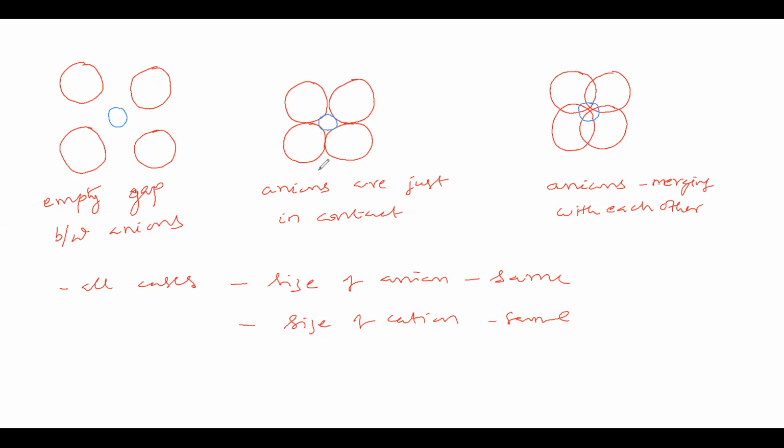But wantedly we drew the diagram like this. In one, there is a gap between anions. Here anions are just in contact, and also the anions are in contact with the cation. Here the anions' electron clouds are merging with each other. Now you say which system is the stable system among these three? Number 1, number 2, number 3.